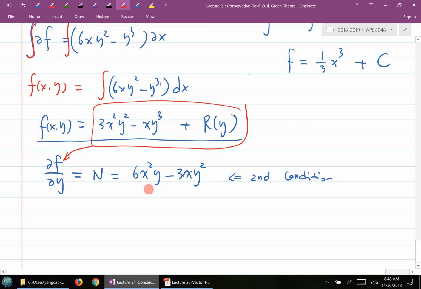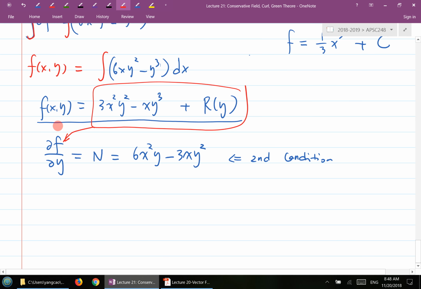So let's take a look at the partial derivative of f over y. So here's f, right? Partial with respect to y, you consider x as a constant now. So it's 3x squared, well, that's a 6, right? So you get 6x squared y, and then minus 3xy squared.